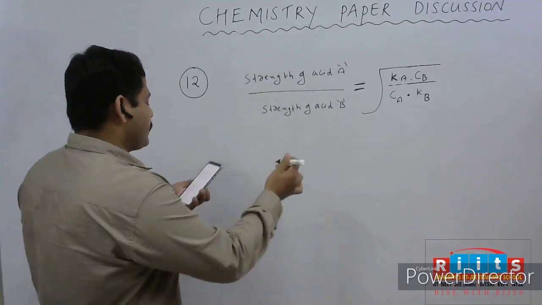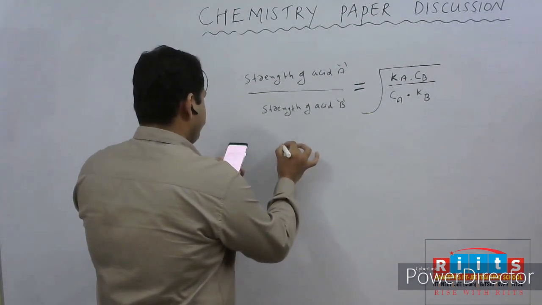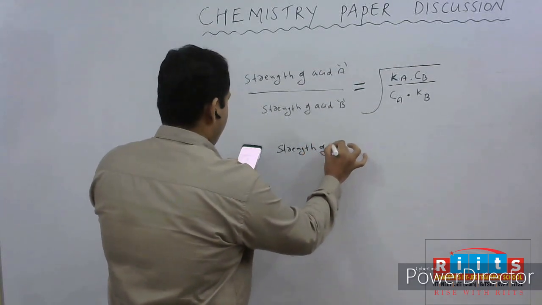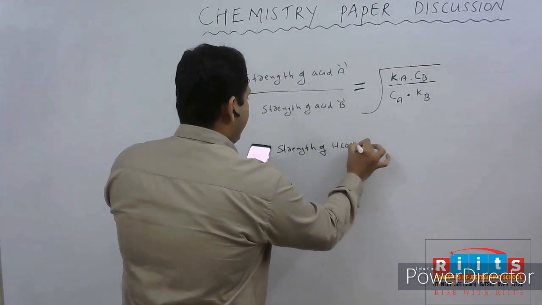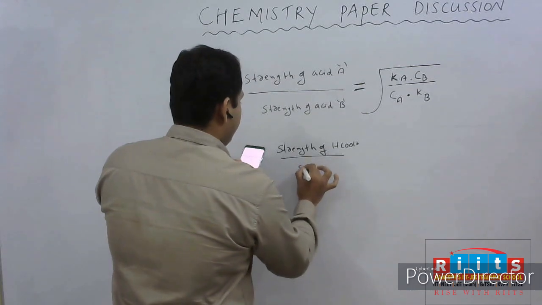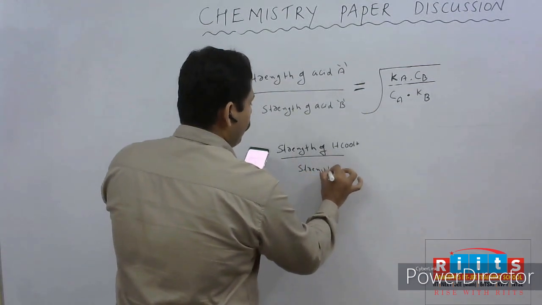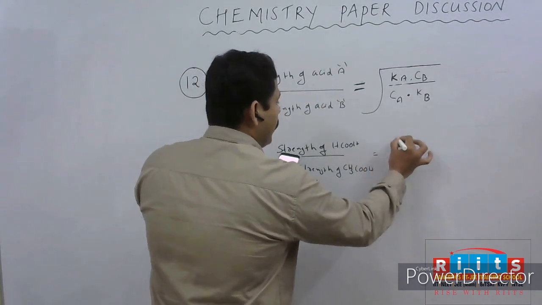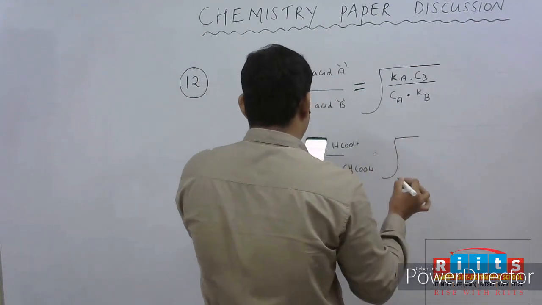So here they are asking the strength of formic acid divided by the strength of acetic acid. We know the equation. What is the formic acid Ka value?